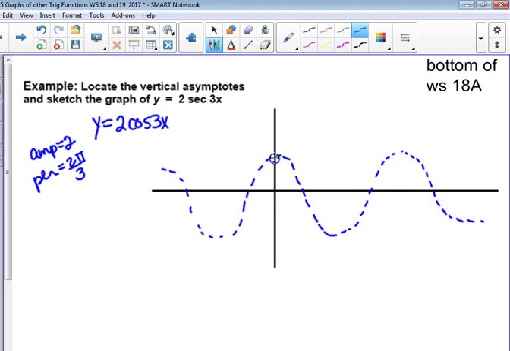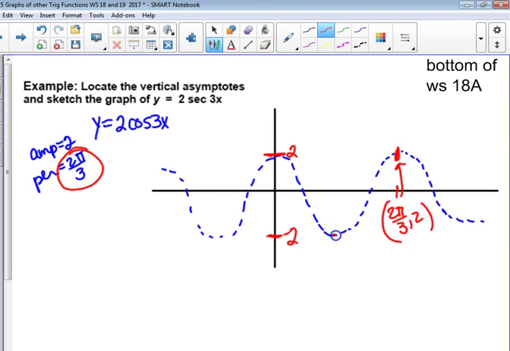You don't have to draw as many periods as I did if you don't want to. So the maxes are all at 2 and the mins are at negative 2. What's the period? So where does that happen? Right there is the ordered pair 2 pi over 3, comma 2, right?